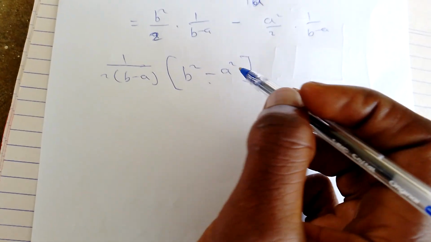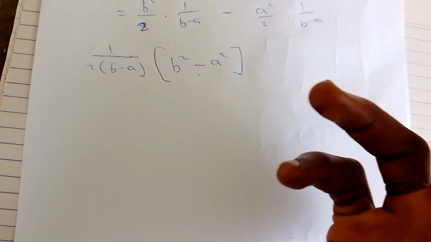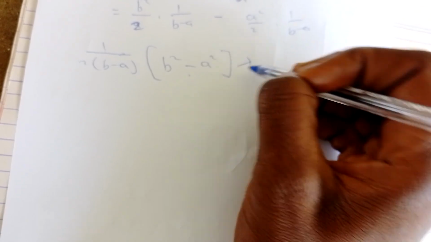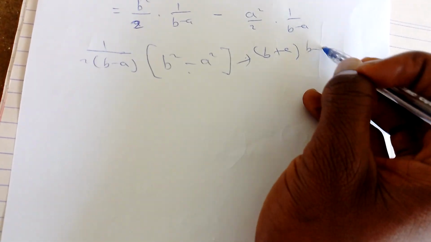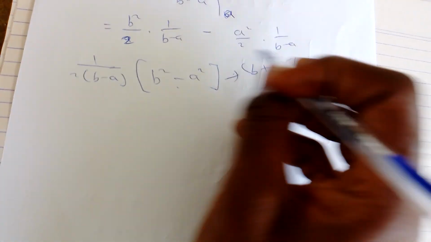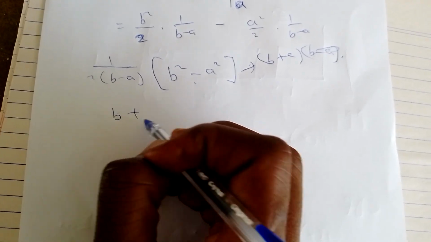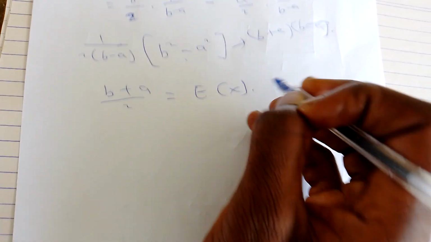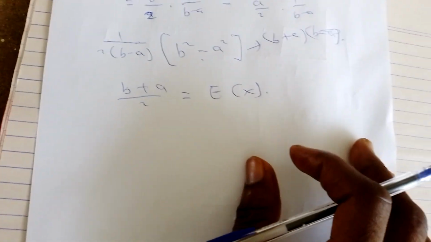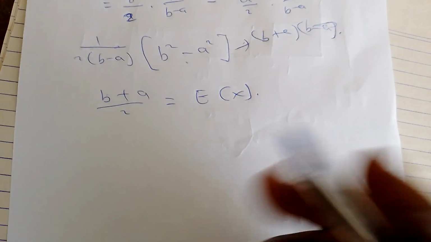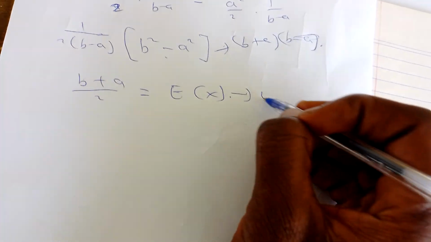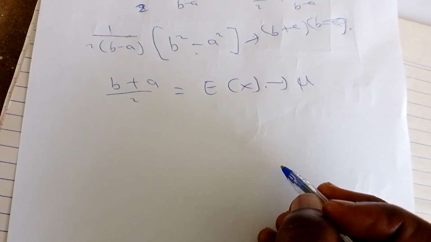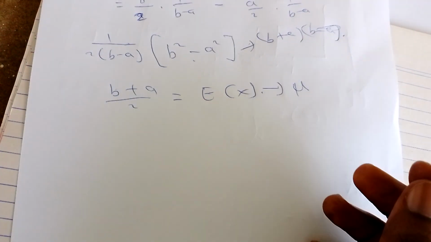Then you find that this is practically a difference of squares, so you can expand this to have your b plus a and your b minus a. Now with this, you can just cancel one of these b minus a terms. Then you have b plus a on 2, which will be defined as your expectation of x. So in other words, it will be the mean. Okay, that's basically all.